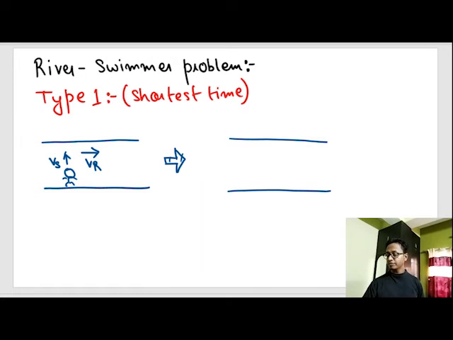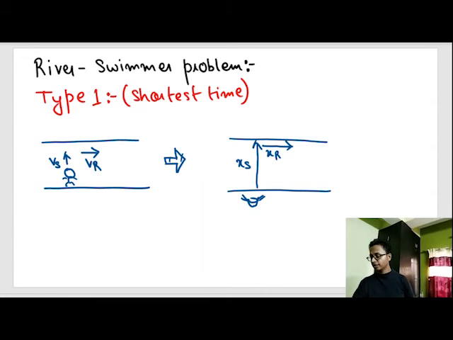the displacement due to his velocity would be the displacement of the swimmer, he'll displace something like this, but the river will also carry him towards the right because the velocity of the river is towards the right. Therefore, the resultant displacement as seen by someone sitting on the bank will be the addition of the displacement of the swimmer plus the displacement of the river.